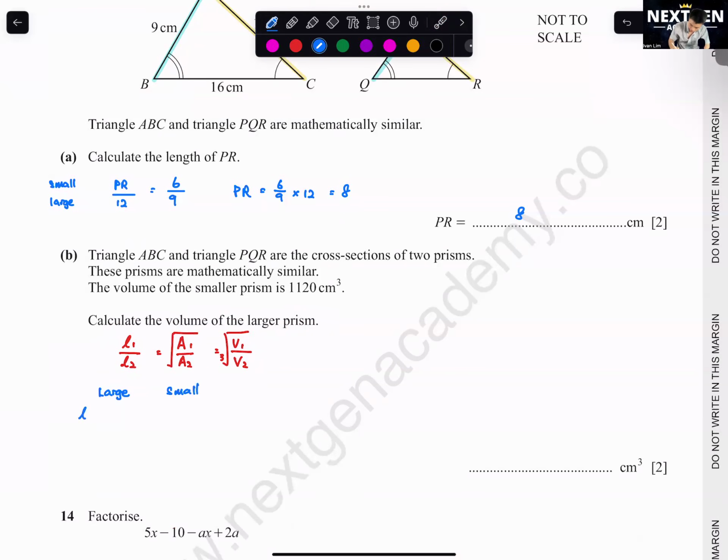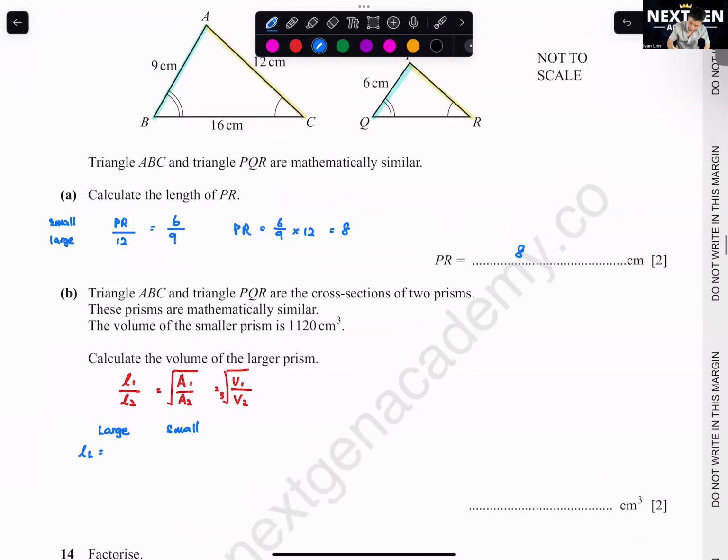The length of the large one, we can use the blue color line, 9 cm. The length of the small one, 6 cm. The volume of the smaller prism, 1120 cm cube. We don't know the volume of this large one, so we want to find this.